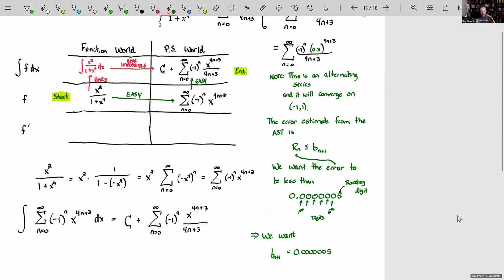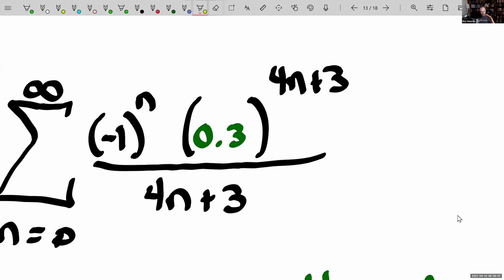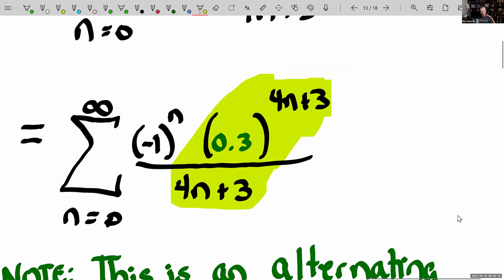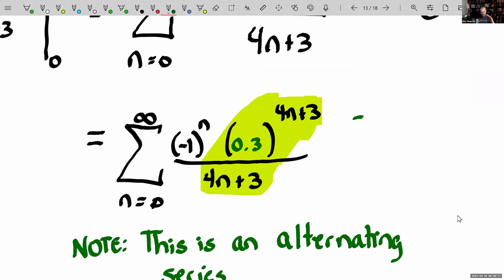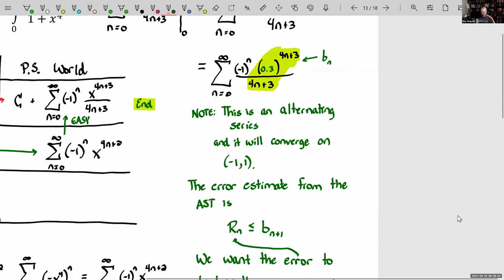All right. What is b sub n plus 1? Well, b sub n in an alternating series is all the non-negative stuff. It's all this stuff that's non-alternating. That stuff right there is not b sub n plus 1, but it is b sub n. So we're going to plug in n plus 1 into this and find out what the solution to our inequality down below is.